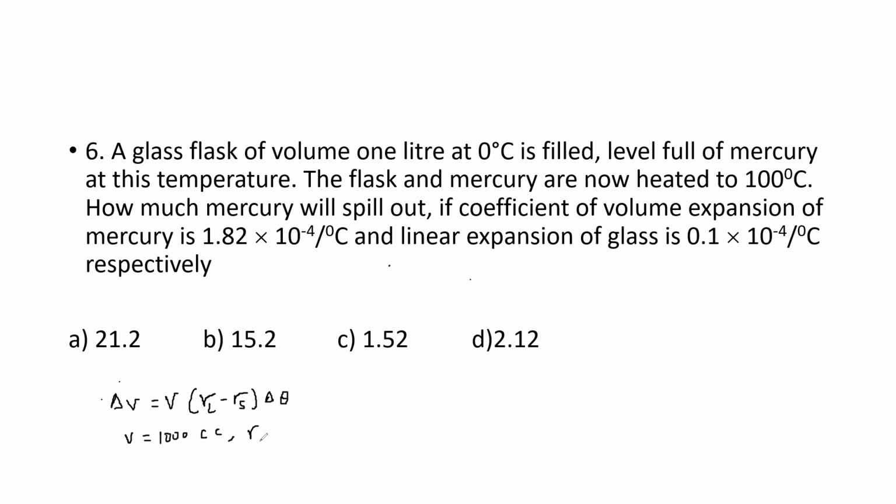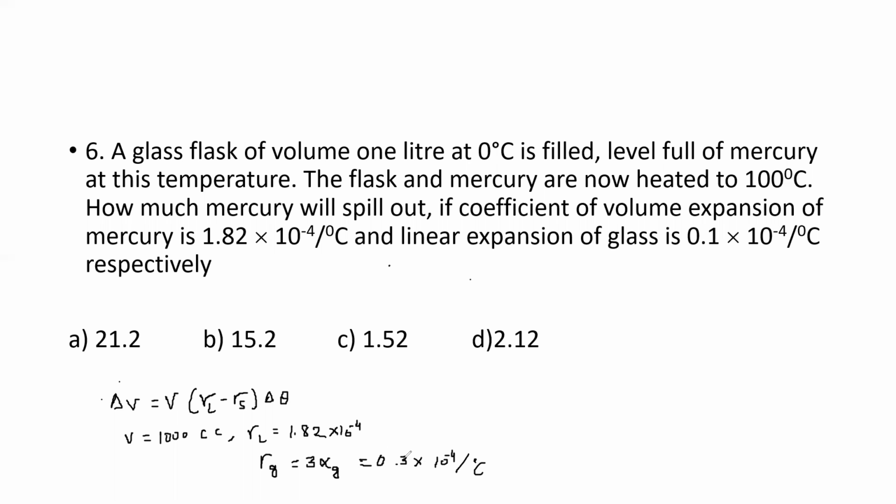Then gamma L is equal to 1.82 into 10 raised to minus 4 per degree Celsius. Then we know that gamma G is equal to 3 times alpha G, right? Means gamma and alpha relation is in the ratio of 1:3. Therefore gamma is equal to 3 alpha, which is equal to 0.3 into 10 raised to minus 4 per degree Celsius. Okay.